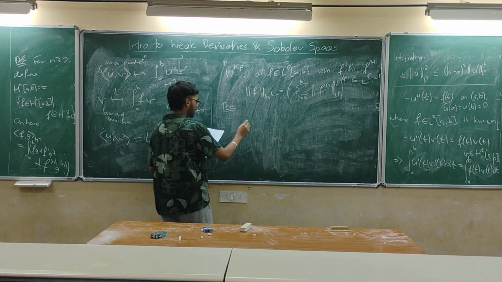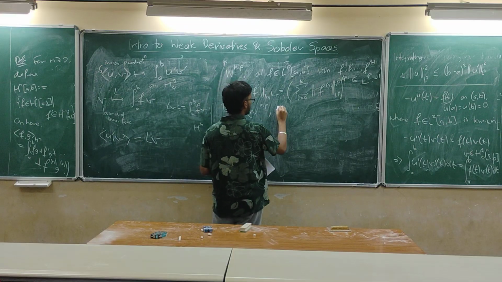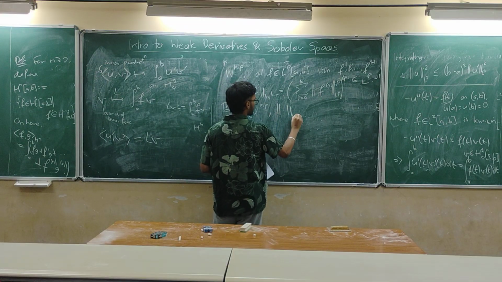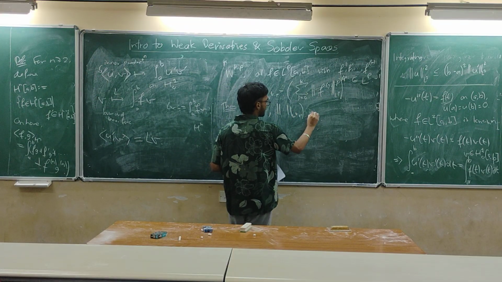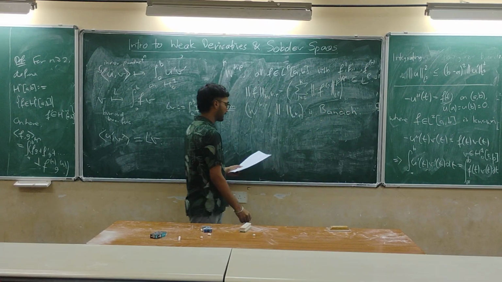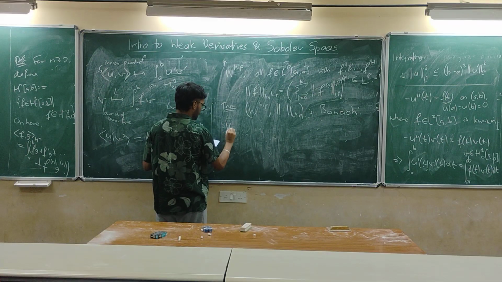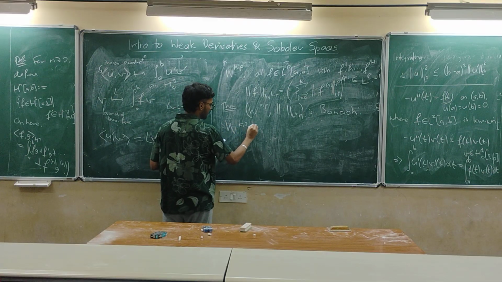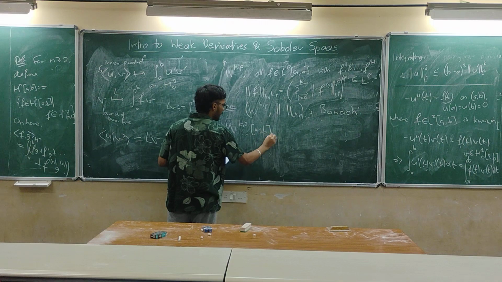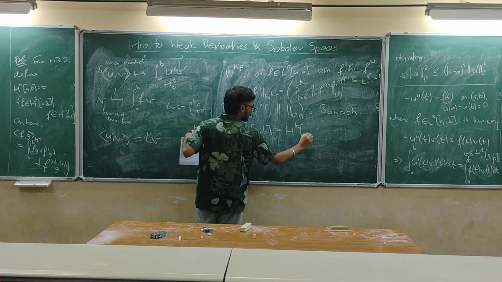Again our theorem says that W^{k,p} equipped with this norm is a Banach space. And moreover, the spaces W^{k,2} on (a,b) are exactly the spaces H^k(a,b).